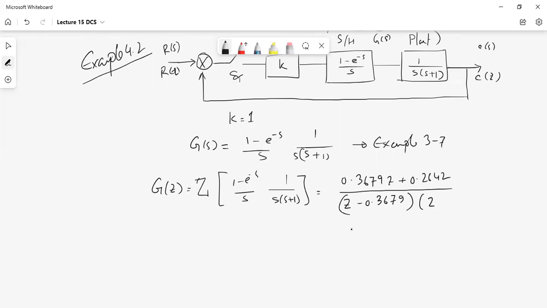into (z minus 1). Okay, since we have to deal with the closed loop transfer function, let's figure out what C(z) by R(z) is. In this particular case, since we have only one transfer function, we can just write it as G(z) by 1 plus G(z), the one that we have assumed earlier.